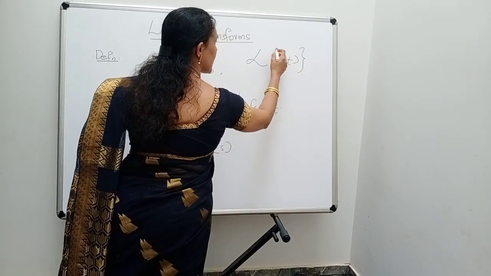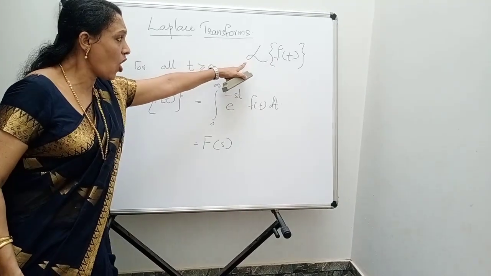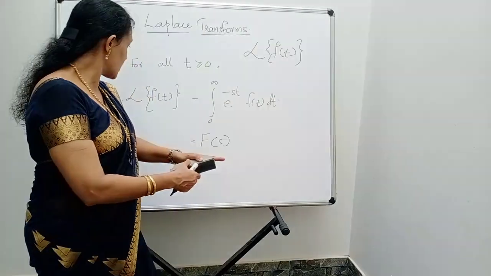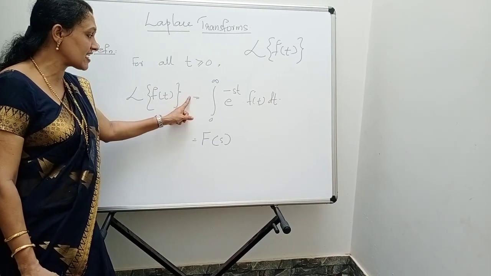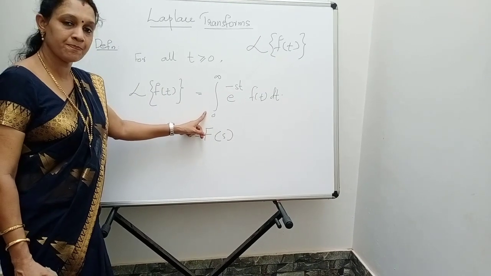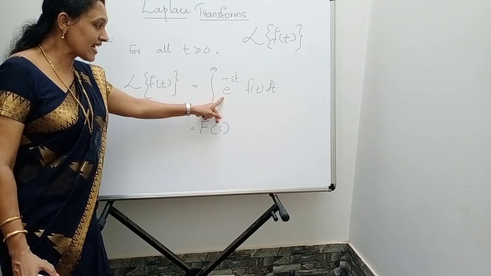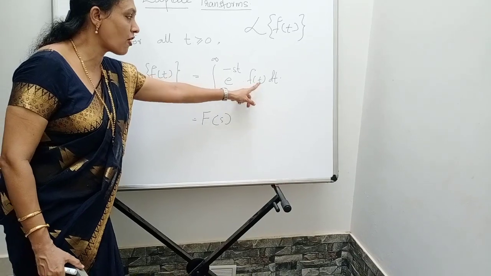And you can put a curly bracket like this. So when you are taking L of this function f of t, you can write L of f of t. It is defined as the integral 0 to infinity e raised to minus st into f of t dt.